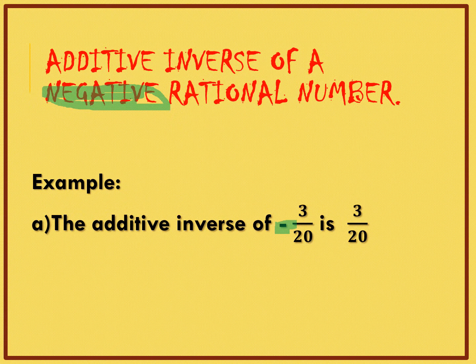So if the sign is minus, then obviously additive means addition, inverse means opposite, and the opposite of addition is subtraction, but here it is already a negative sign. So the opposite of negative is positive, and the positive sign we can write, or it can be written like this also. So we will just remove the negative sign, so it will become plus 3 by 20 or 3 by 20.